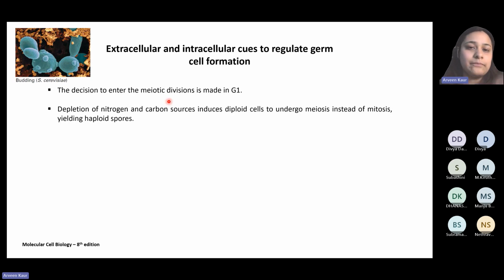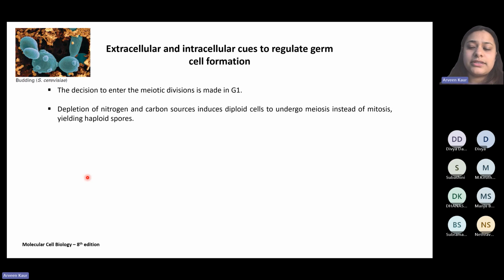So let us talk about it in a little more detail. Right. So the decision to enter the meiotic divisions is made in G1 phase. Okay. The depletion of nitrogen and carbon sources induces diploid cells to undergo meiosis instead of mitosis. So these are the nutrient deficiencies that we have been talking about. And this yields haploid spores.